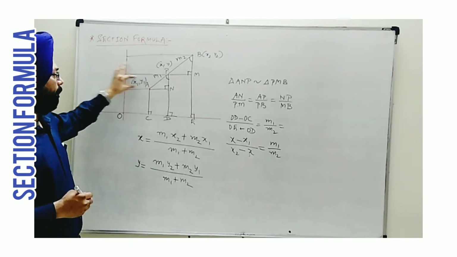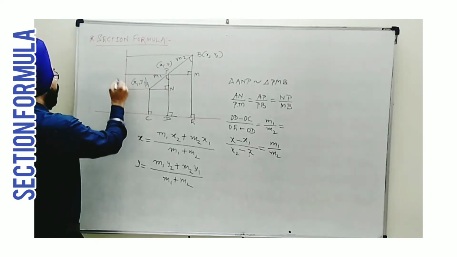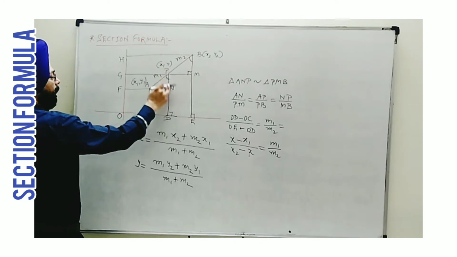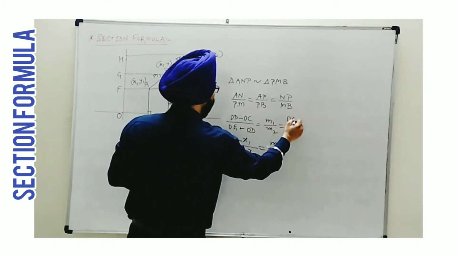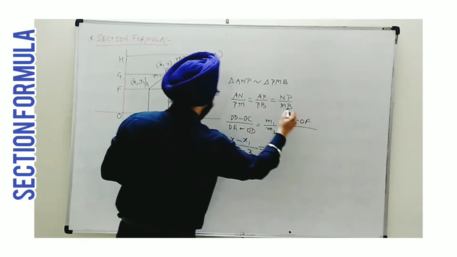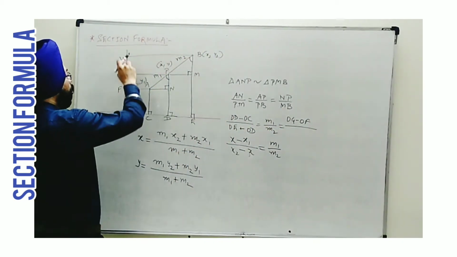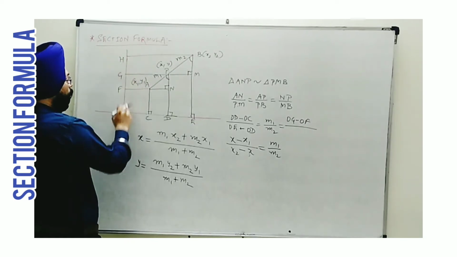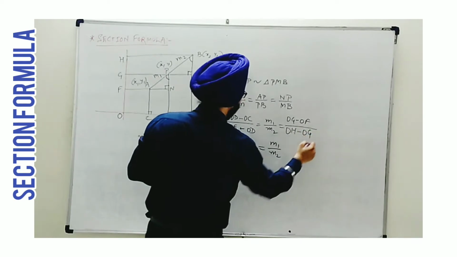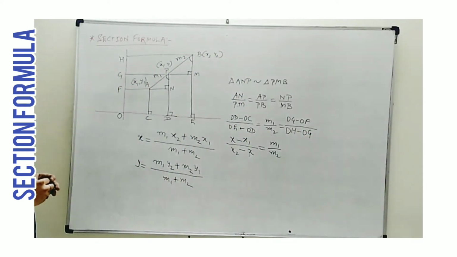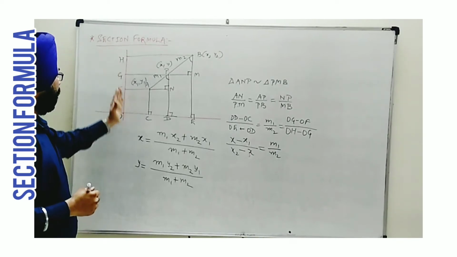So if I need to find NP, we can name these points also like F, G, H. Then NP will be equal to OG minus OF. MB will be equal to HG, which is equal to OH minus OG.